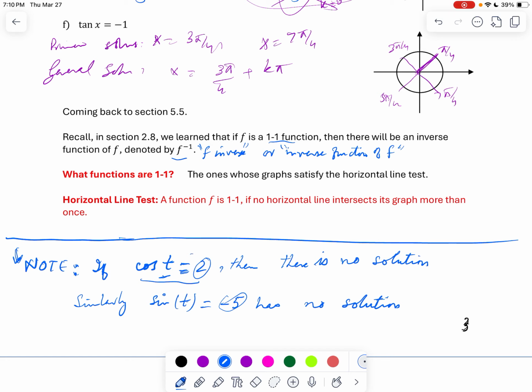So now the question is, which functions can be called one-to-one? These are the functions whose graphs satisfy the horizontal line test.